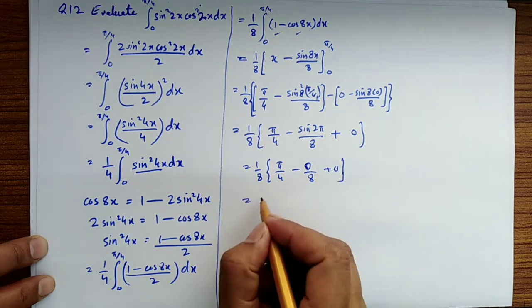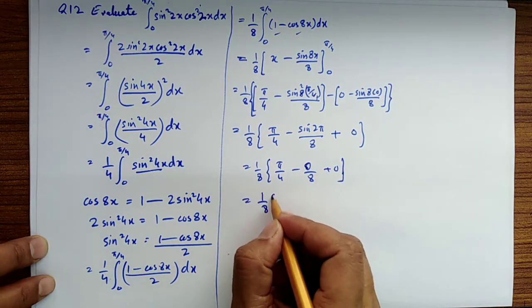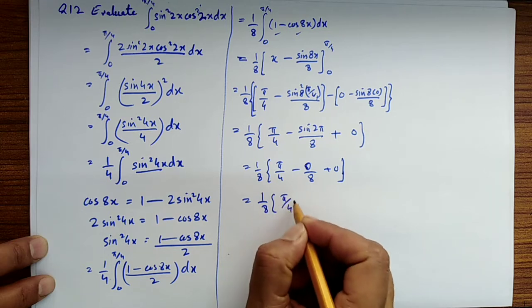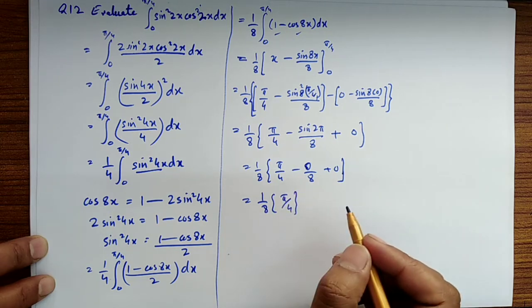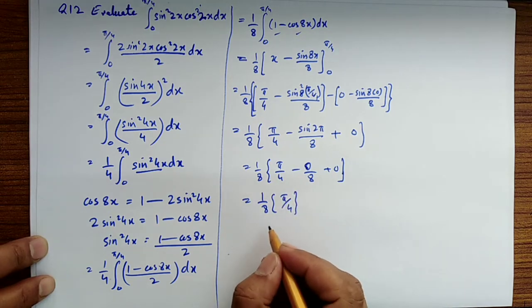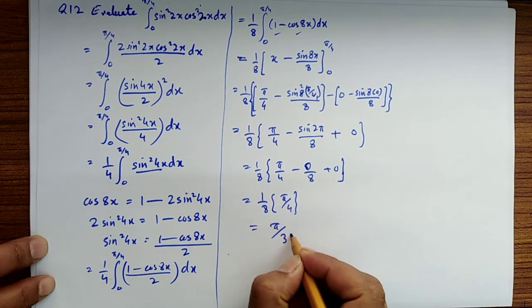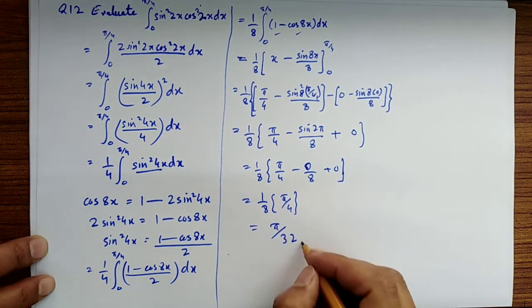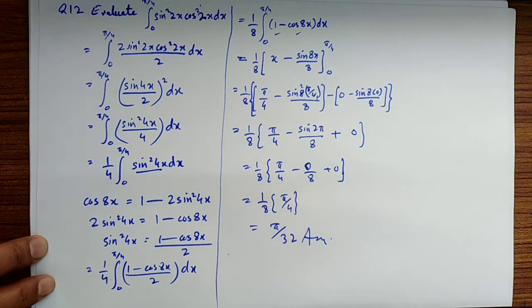This whole part becomes 0. 1 upon 8, I'm left with pi upon 4, and that gives pi upon 32. So this is my final answer.